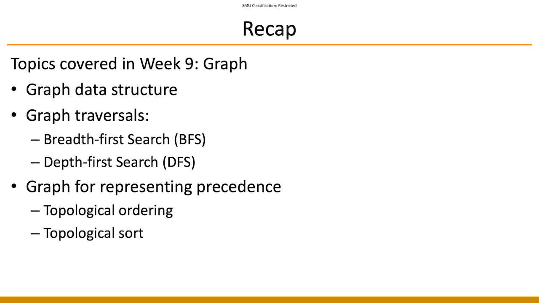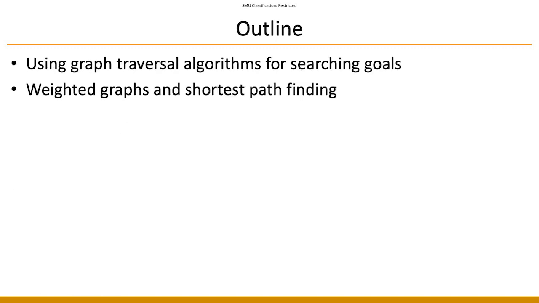Okay, so this week, we're going to use this as a foundation to see how we can apply the graph traversal algorithm that we introduced last week for a more general setting where we can search for a goal in any arbitrary problem.